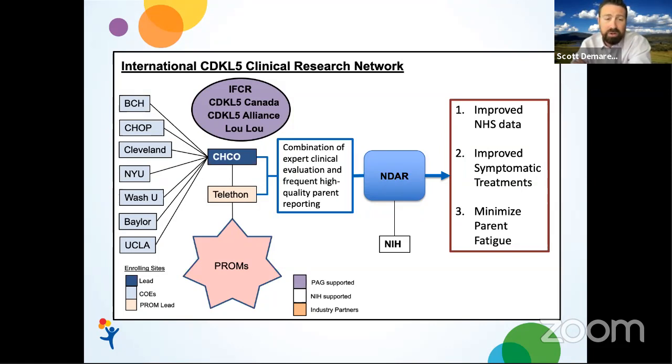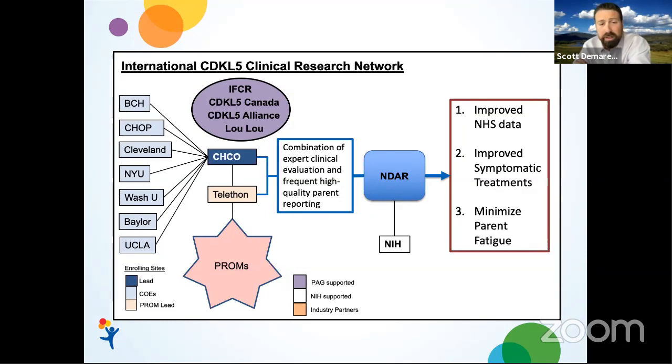And that allows us to cross-share between our two databases so that we can maximize the efficiency with which we collect data from families. And those IRBs, I'm quite happy to say, are in place between Telethon and us to make sure that we can share this data in ways that families are informed about it and have control over what's shared.